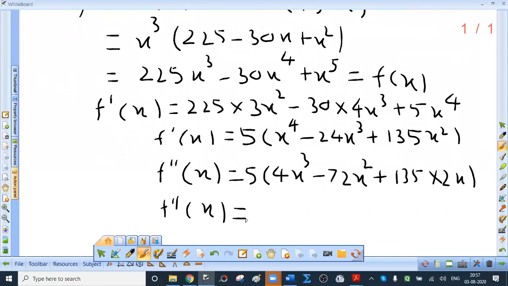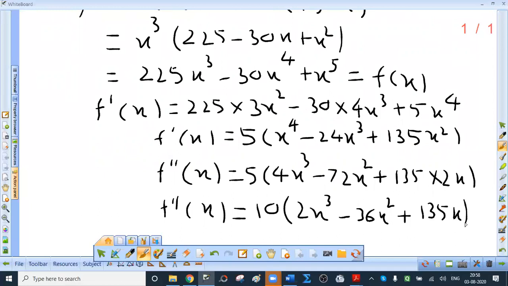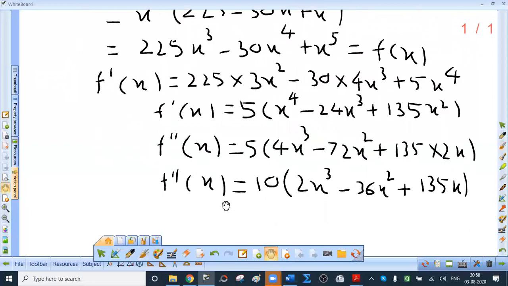Again I can take 2 common. So this is 10 into 2x cube minus 36x square plus 135x. This is f double dash of x. Okay. Yes. Now solve the equation.